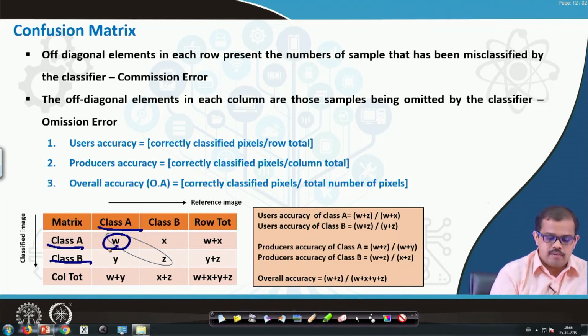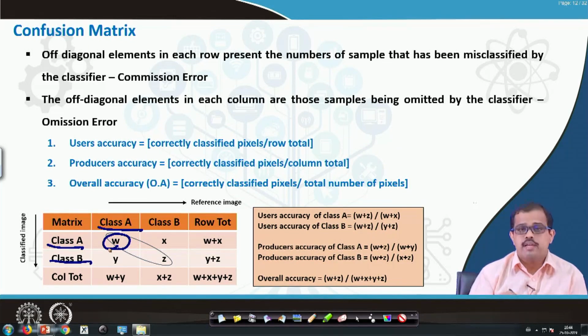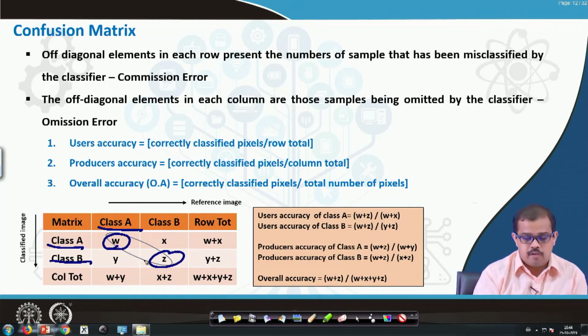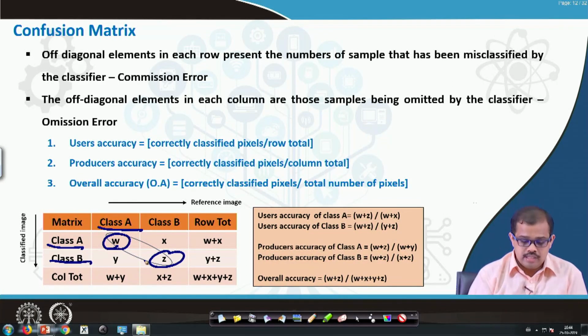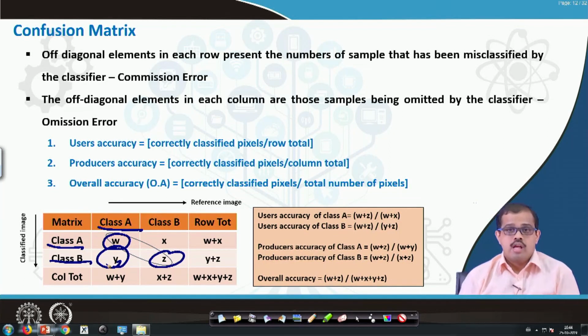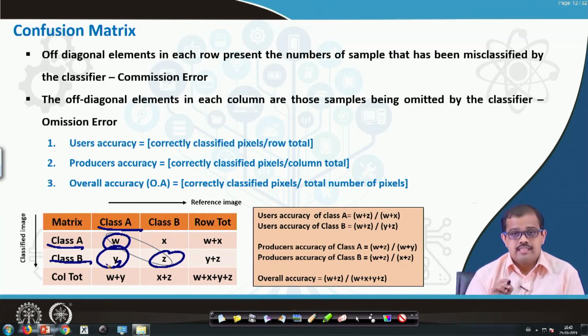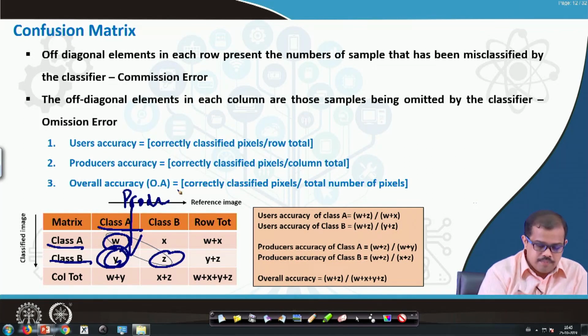So that is this many number of pixels. Class B, which was supposed to be class B in the reference map, is also class B in the user map, that is Z number of pixels. So the total correctly classified pixels is nothing but W plus Z. Now a particular pixel Y is classified as, for example, when you look at this particular image, this is a producer accuracy and this is considered to be a user accuracy when you are computing this.